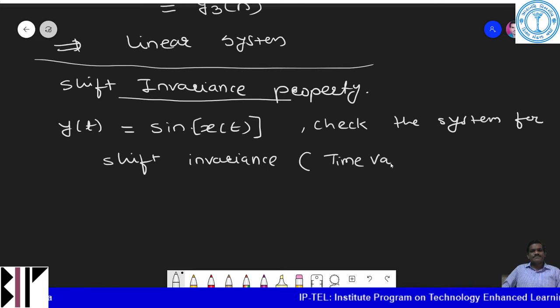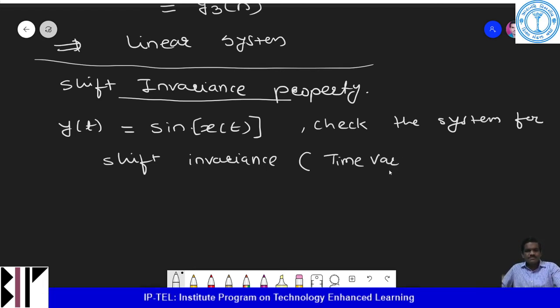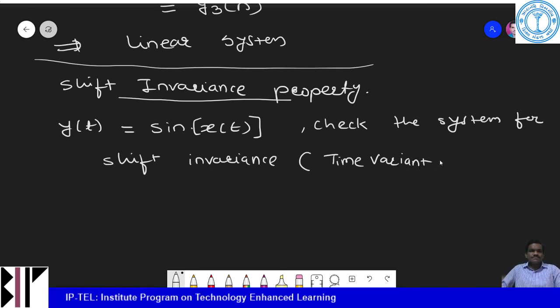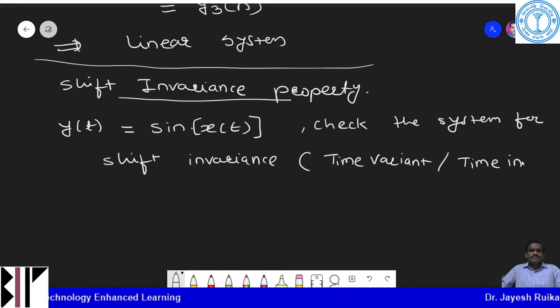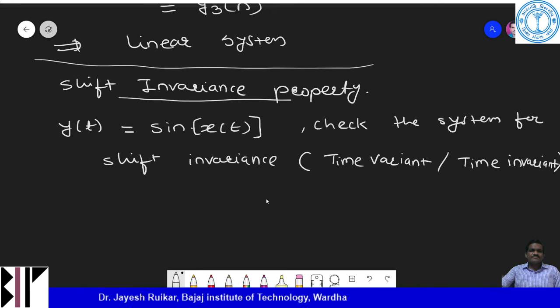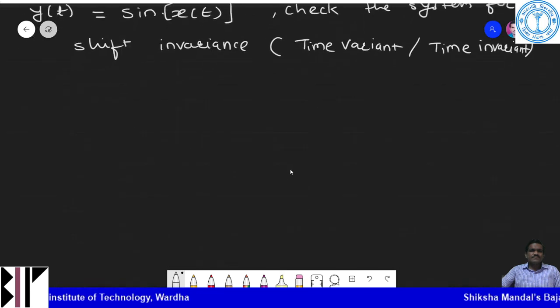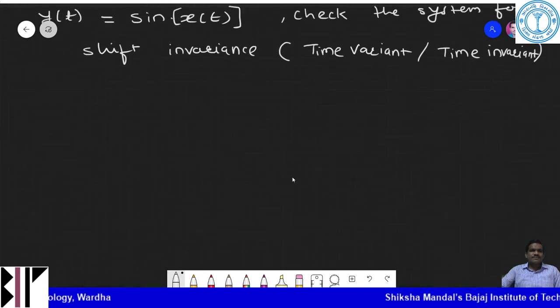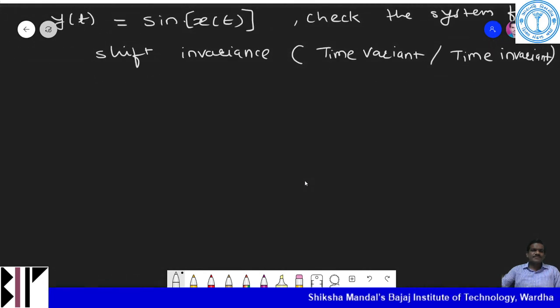Time variant or time invariant. So what are the steps for this?